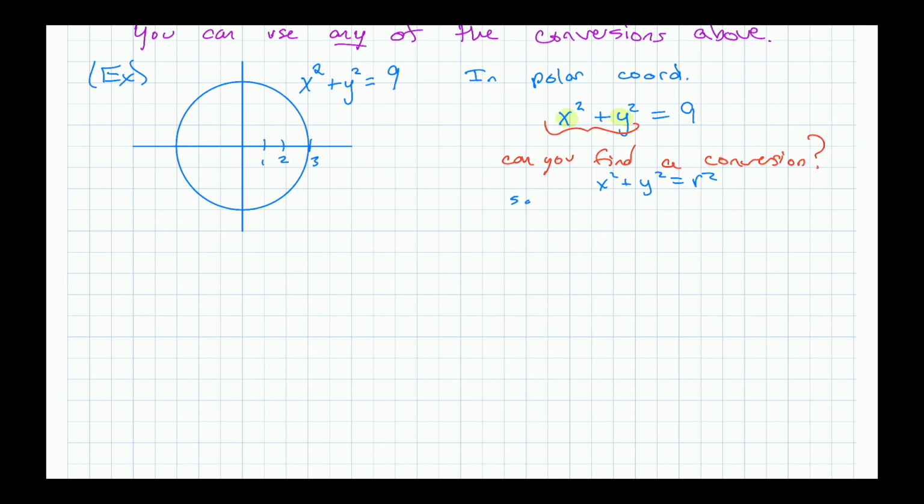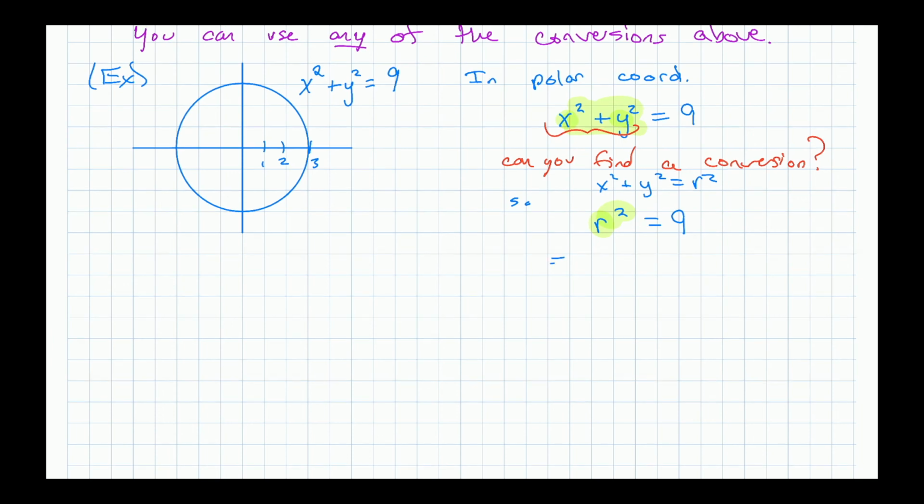If we make that substitution, we'll have r squared equals 9. That's correct. But if you square root both sides, you can just have r equals 3, and that could be your answer.